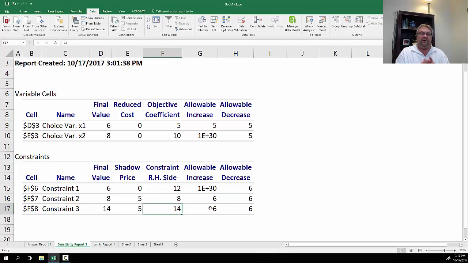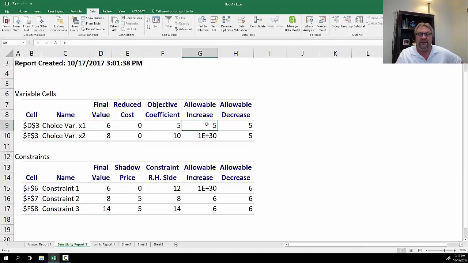All right? So I wanted to go through this because I think this is probably the most important thing. When you get into the business world, if you set up a linear programming problem, this is telling you how you can change, like in this case, the profit per unit, and your production plan is not going to change.